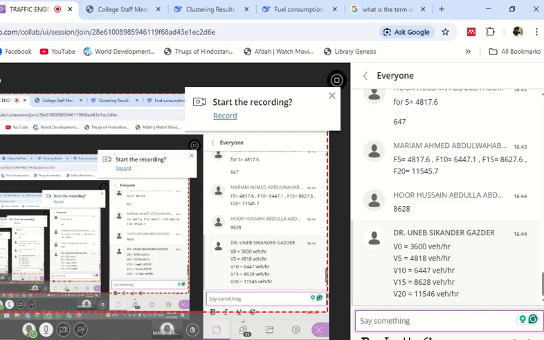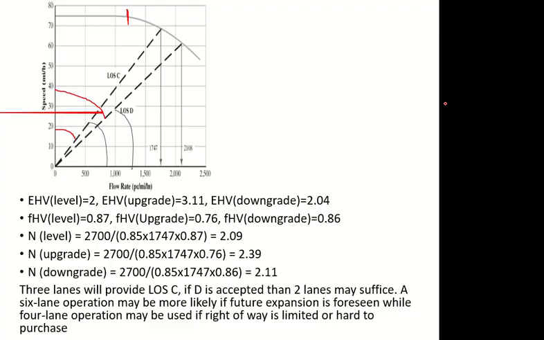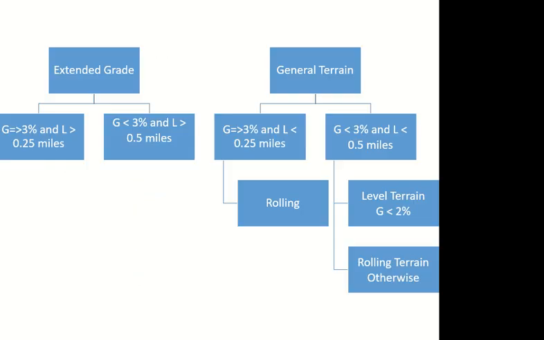Another way of doing it is using the maximum service flow rate and maximum service volume. In the same way that we did this graph and found the maximum service flow rate for C and D, they have done these graphs for some free flow speeds, not all.